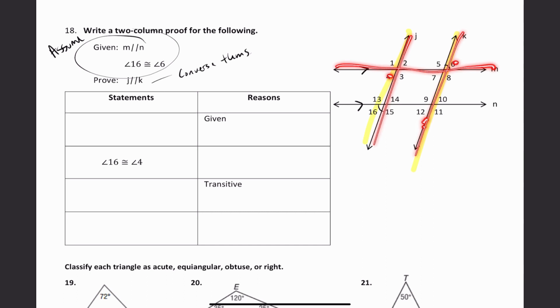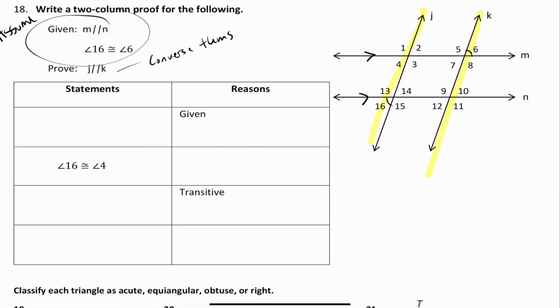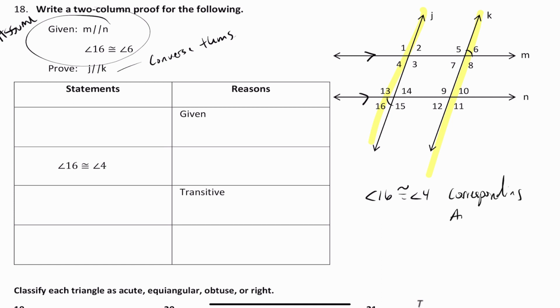And notice that I can assume these lines are parallel. Again, I have parallel lines cut by a transversal, 16 and 4. Do you see that? 16 and 4, they're corresponding. So angle 16 is congruent to angle 4. They're corresponding angles. So I'm going to go ahead and just mark that picture down.